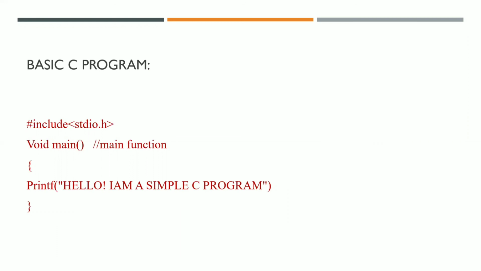After the main function, it will be followed by an opening brace, and then as our goal is to print something to the output screen, that is, hello, I'm a simple C program. Here we have only one statement, that is the printf statement. As we have used void main, the function expects nothing to return, so there is no return statement here. Then it is followed by a closing brace.